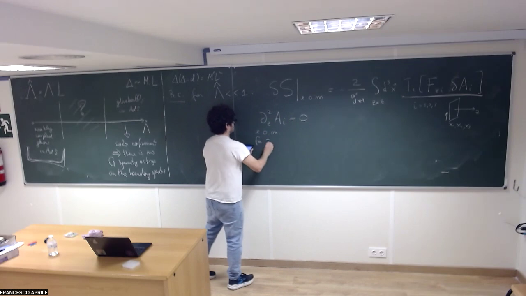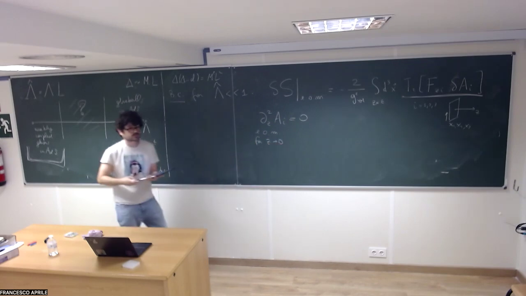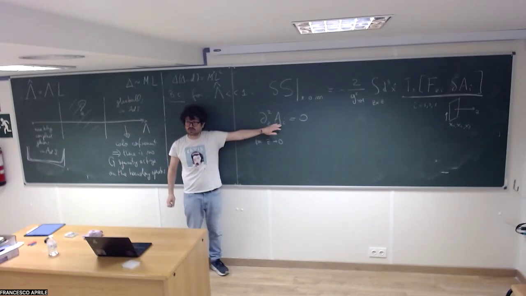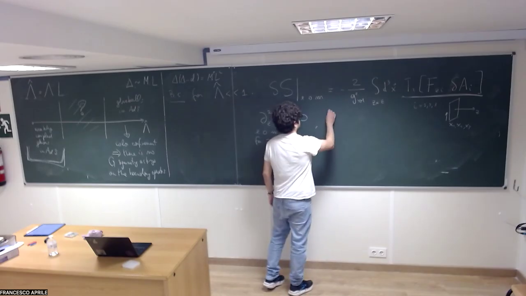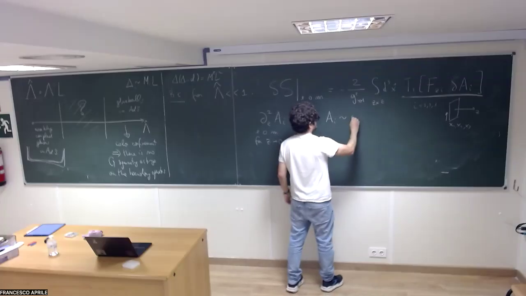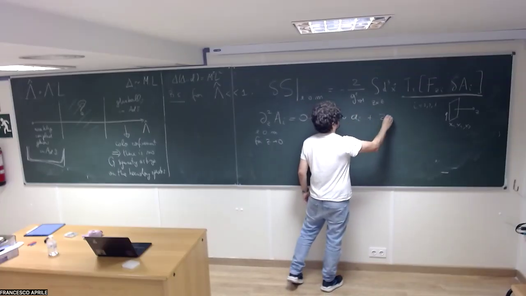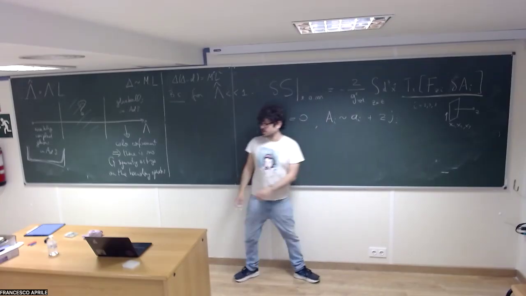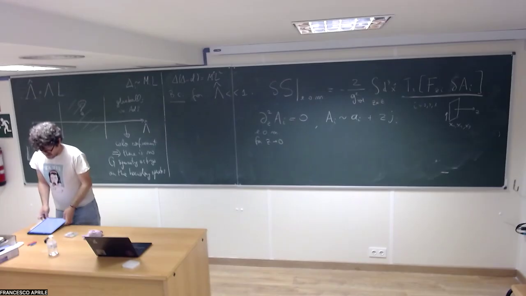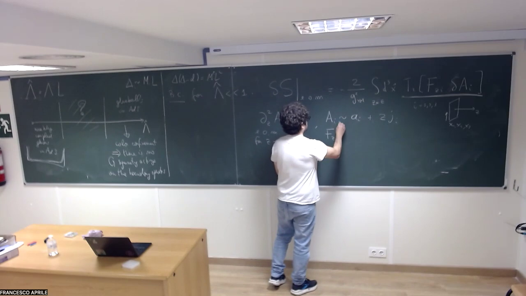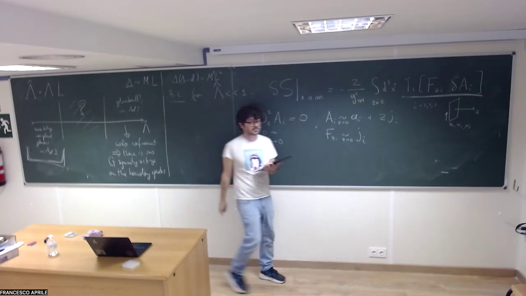Which means that the leading behavior of the gauge field must be linear. So there are two possible modes for the gauge field, and you can also easily compute from this the field strength, and you find this J_i.